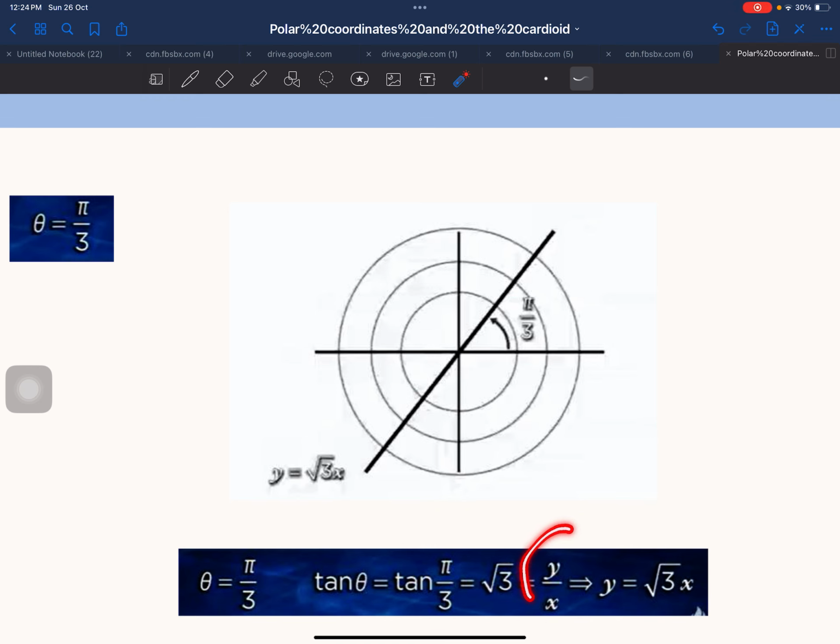That means by cross multiplication, y is equal to square root of 3 times x. You know that this is a straight line whose slope is the square root of 3.